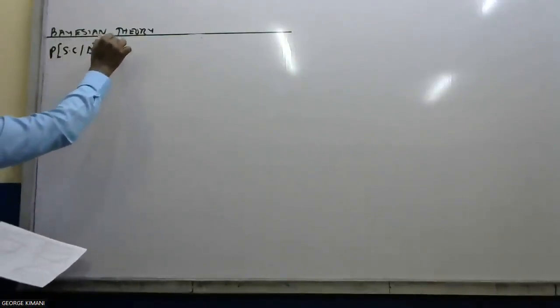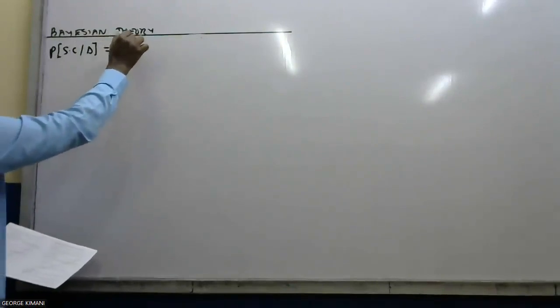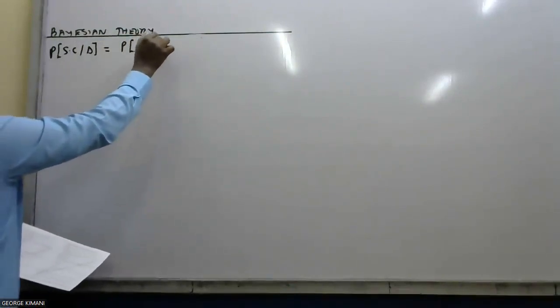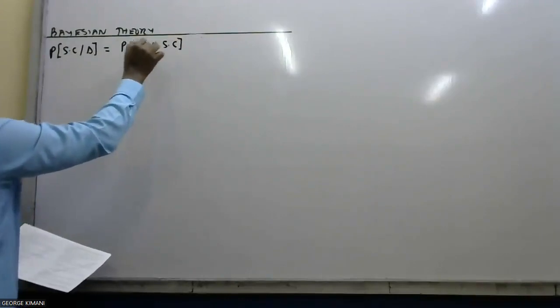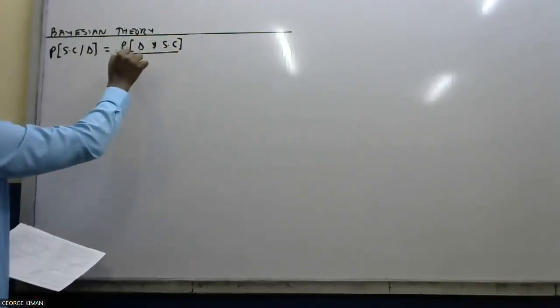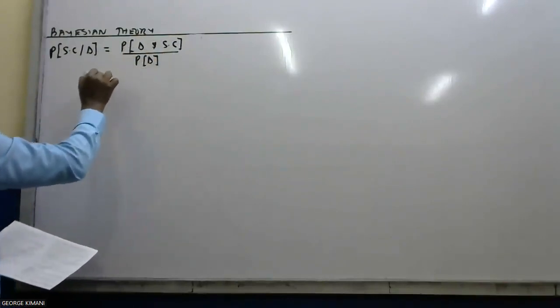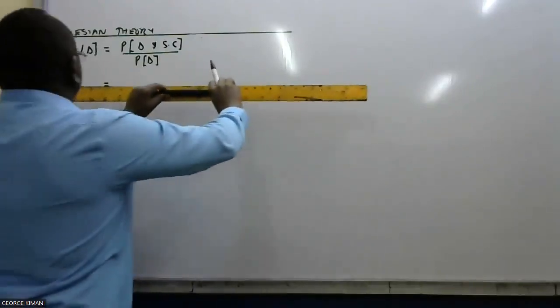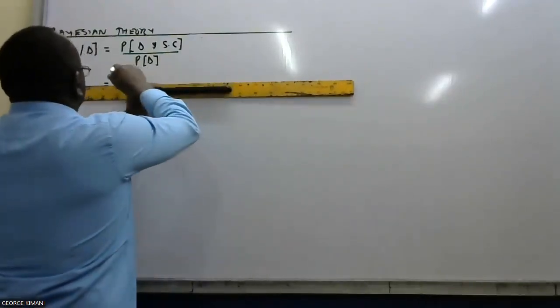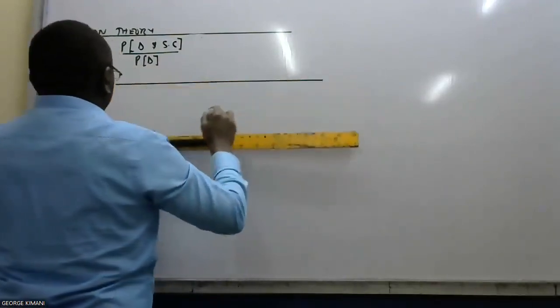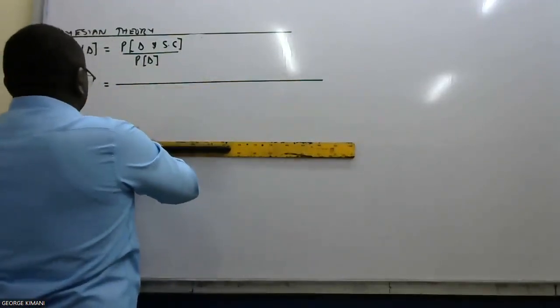And this one will open as probability of defective and set correctly. You divide by the probability of defective. And this is the one that I've told you further opens up.